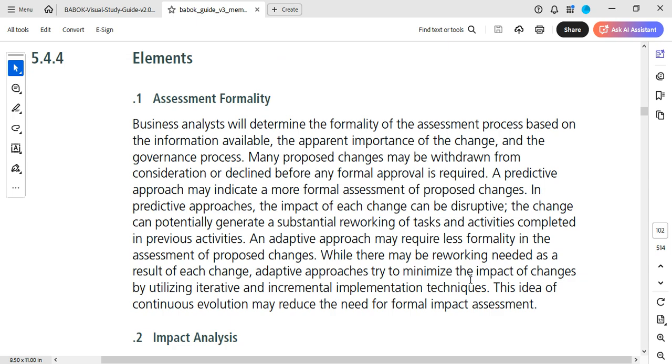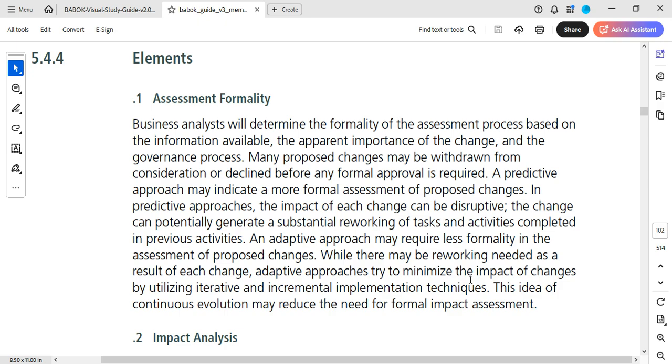A predictive approach may indicate a more formal assessment of the proposed changes. In predictive approaches, the impact of each change can be disruptive. The change can potentially generate a substantial reworking of tasks and activities completed in previous activities. So let's take this again.